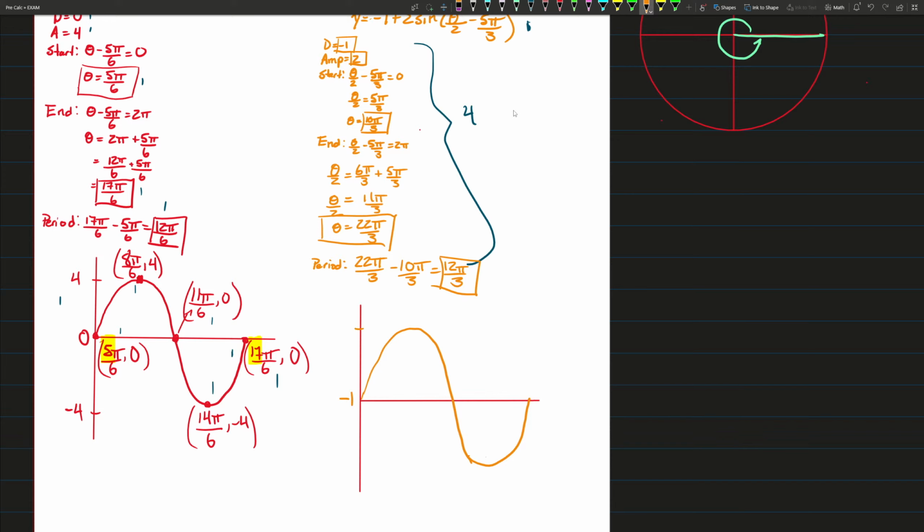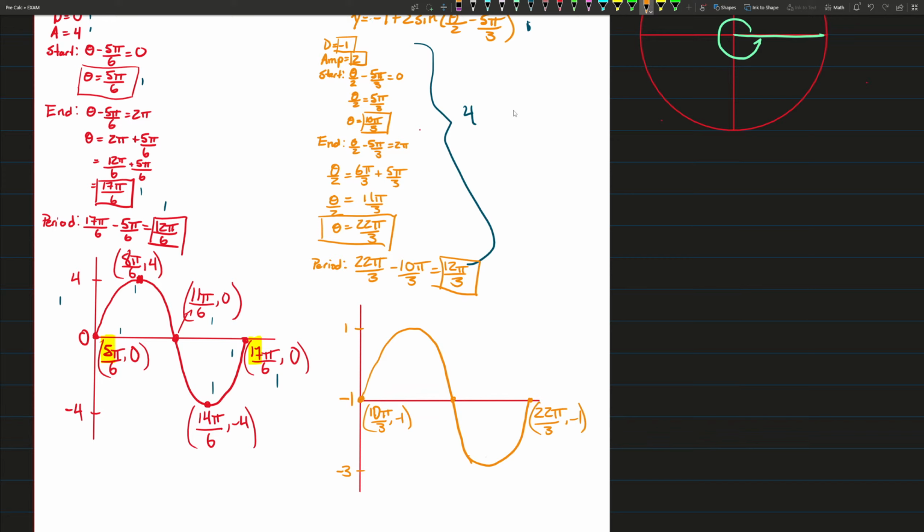Our amplitude tells us we go up 2 to +1, and we go down 2 to -3. Our start point is going to be 10 pi over 3 comma -1. Our end point is going to be 22 pi over 3 comma -1.